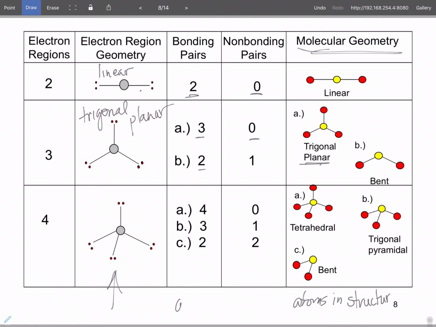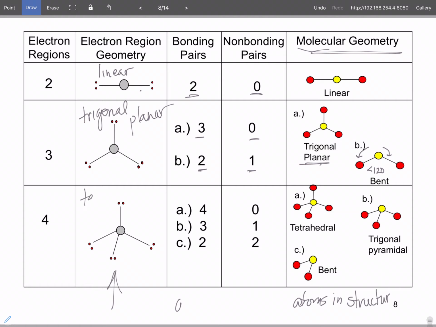However, if you end up with 2 bonding pairs and a non-bonding pair, then you're going to end up with it bent. The other thing is because this is a lone pair, it's going to push more, and this angle here will end up being less than 120. So we're going to talk about angles as we go and as we get into molecules.